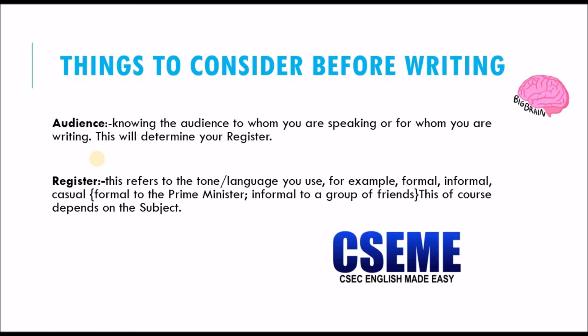These are just a few registers that you can take into consideration. However, it must be noted that for the CSEC English A Paper 2 exam, the register that you are expected to use primarily is formal, in particular standard English, because this is what you're being marked for.